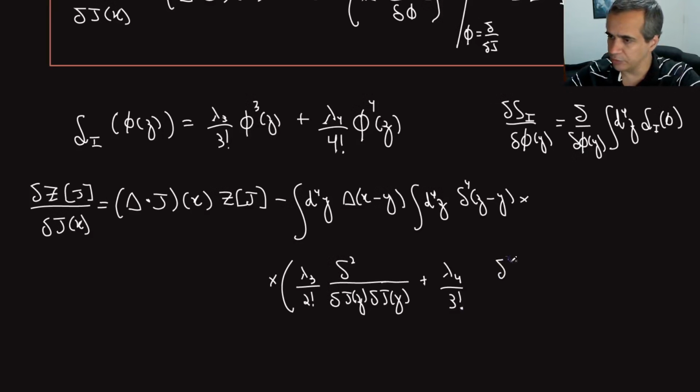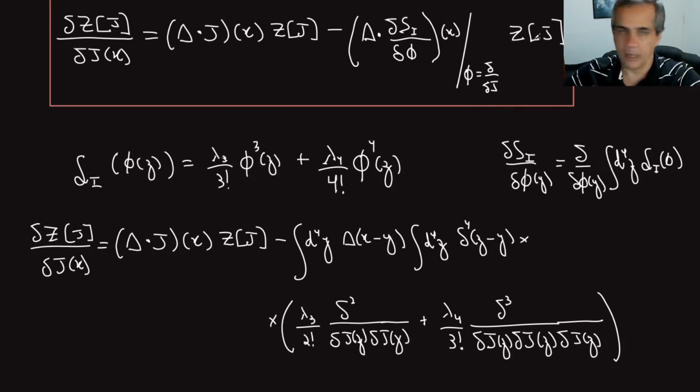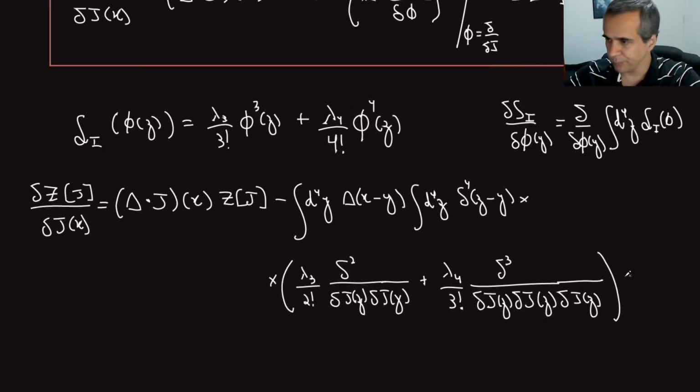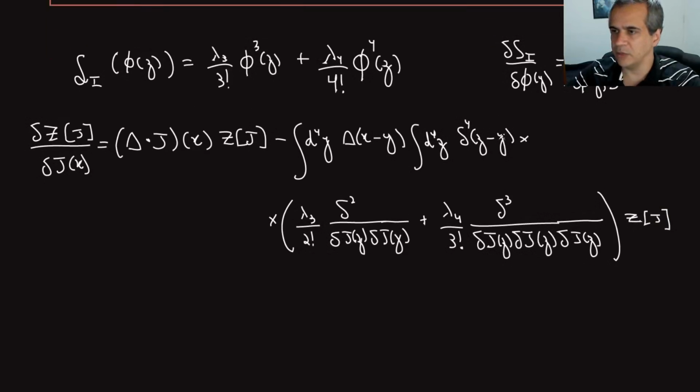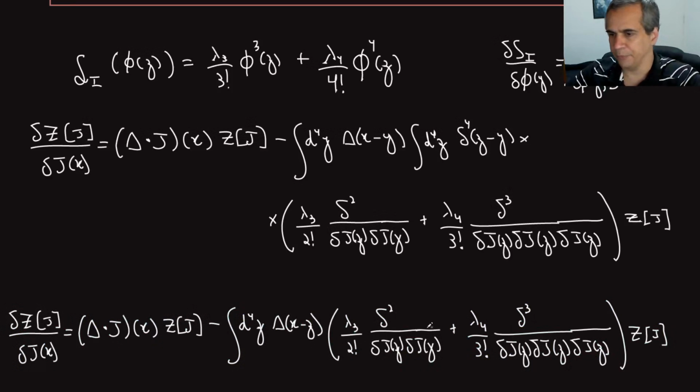So I have 3 powers only, del over del j three times. And this is all acting on z of j. So I got a z of j on this side. I can use this Dirac delta to do one of these two integrals, doesn't matter which, and then I get the expression that I have down here.